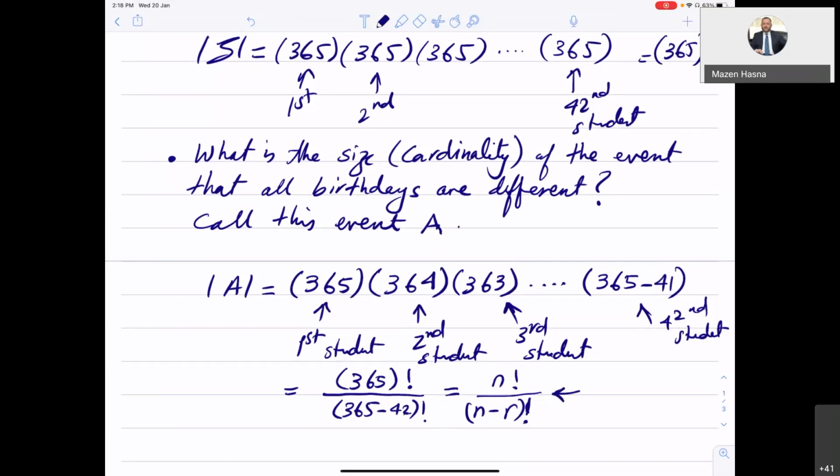So if you do this factorial, what's this number? 323? This is 324, right? Yes.